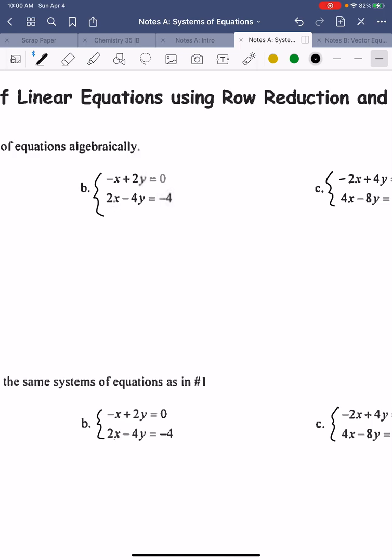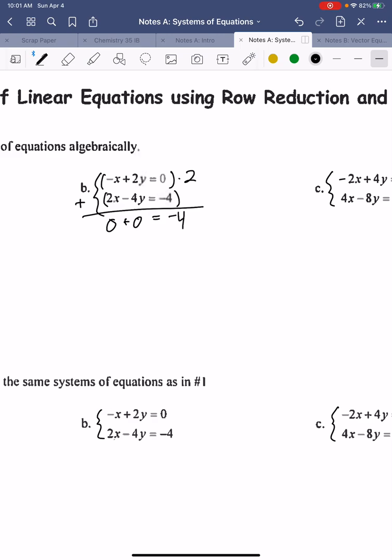Let's do this next one, shall we? It seems that in order to eliminate this x, we have to do 2 times this plus the bottom. That gives us 0 plus 0 equals negative 4.